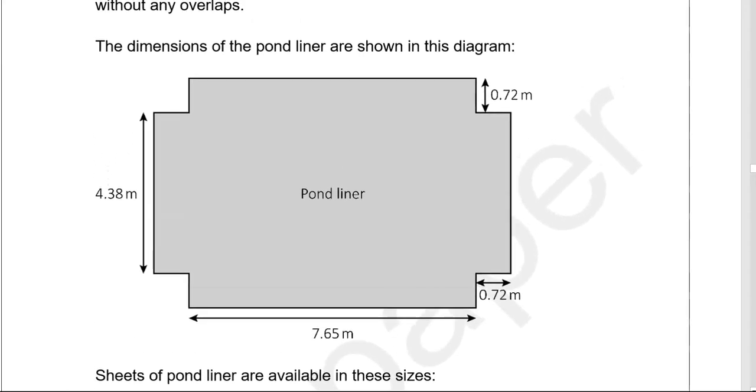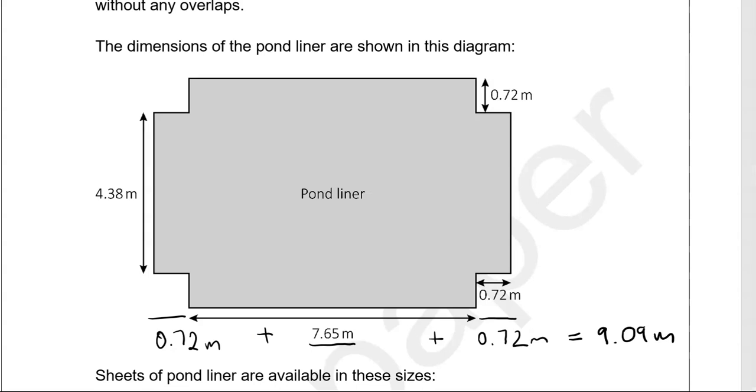So looking at the length, we have 7.65, but we also need to add 0.72 meters on this side and 0.72 meters on this other side, which gives us 9.09 meters.